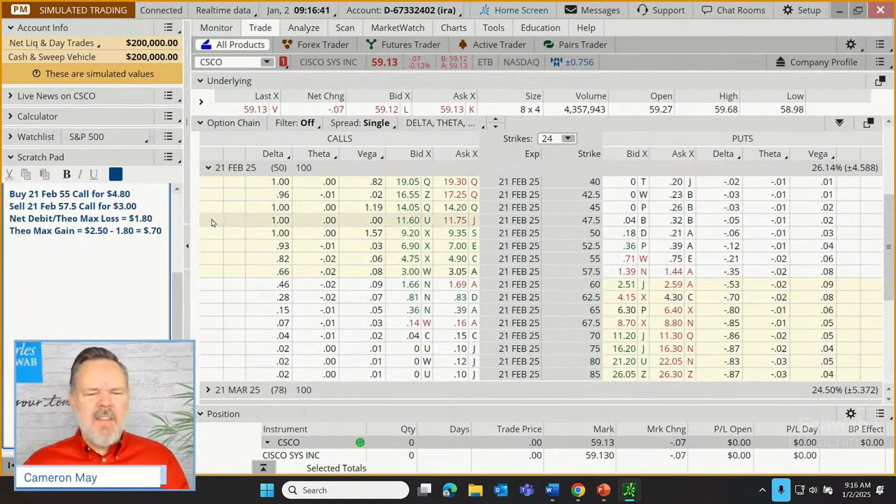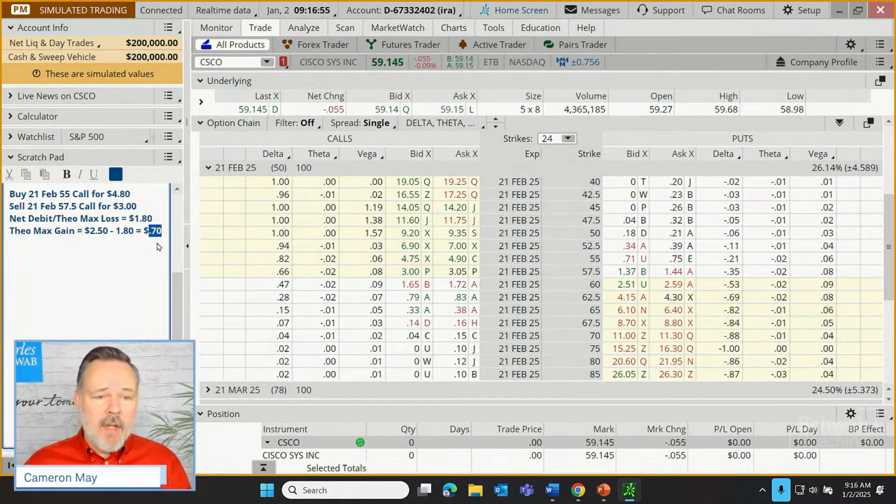It doesn't sound like a lot, 70 cents, but we're not actually tying up a lot of money in pursuit of that 70 cents. So our trader here is tying up about $1.80 with the possibility, and actually the probability, that they make 70 cents on this trade, which as a percentage is actually quite a high return.